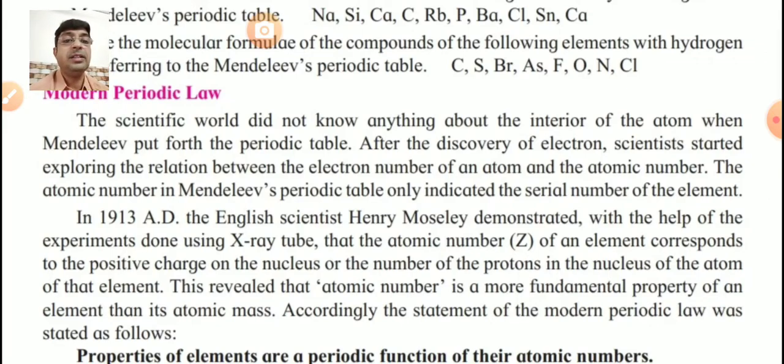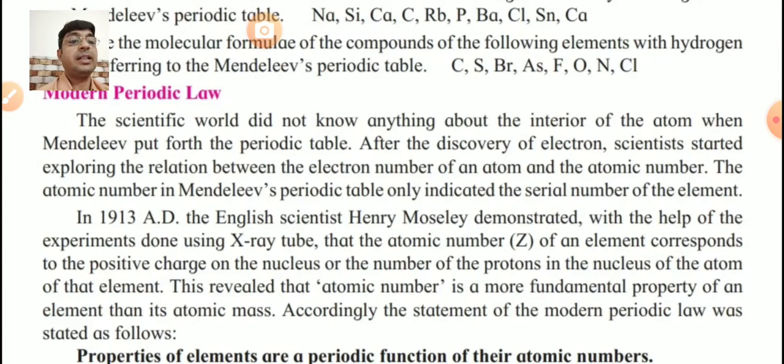In 1913 AD, English scientist Henry Moseley demonstrated with the help of an experiment done using an X-ray tube that the atomic number, indicated as a capital letter Z, of an element corresponds to the positive charge on the nucleus, or the number of protons in the nucleus of the atom of that element.